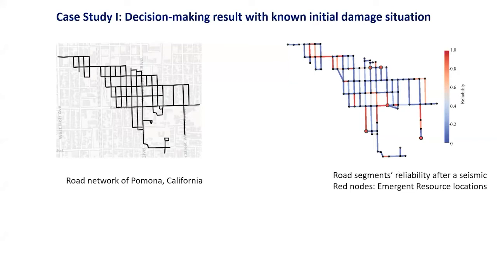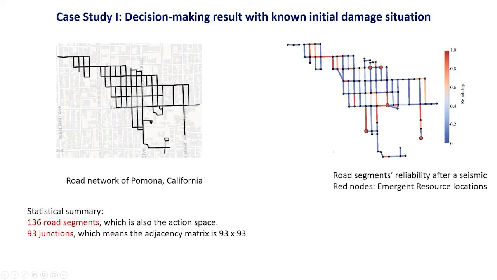We have the road segment reliability after the earthquake. For example, 1 means 100% reliability, meaning this road segment is intact, and some other road segments suffer different types of damage. A quick statistical summary of this network: we have over 100 road segments and 19 street junctions.